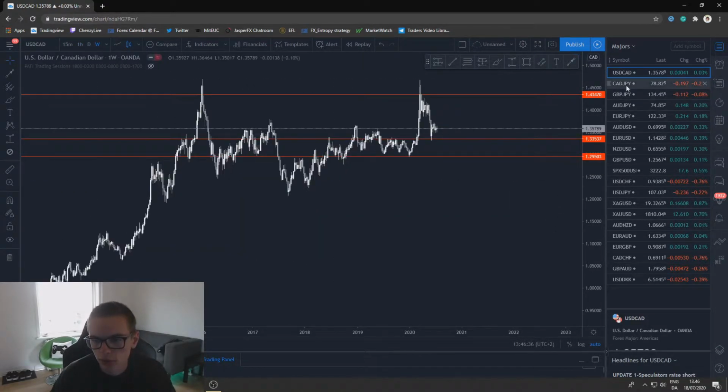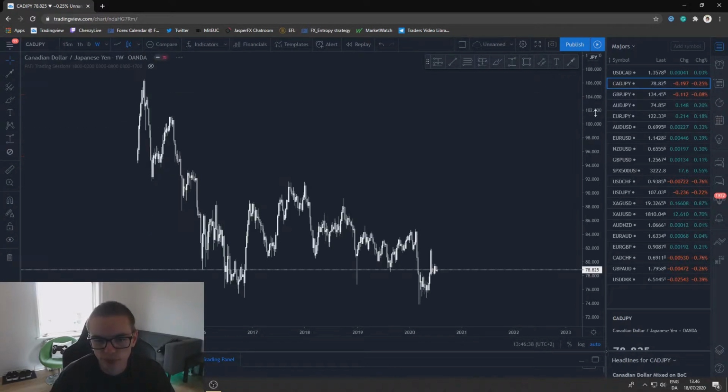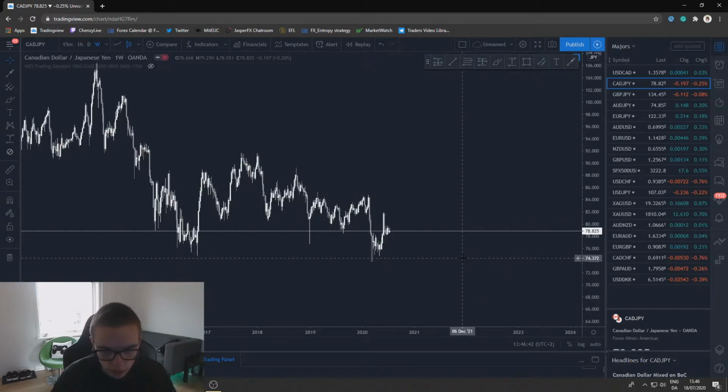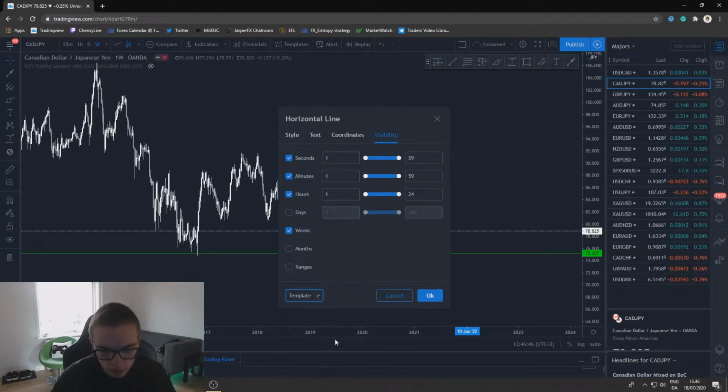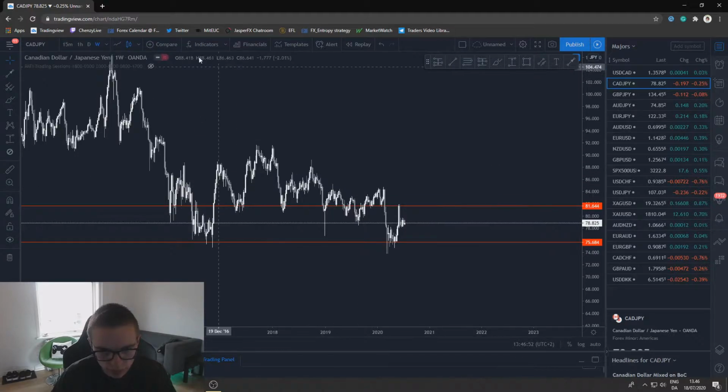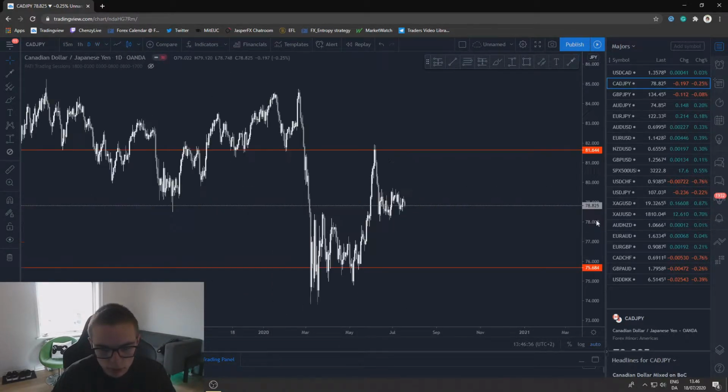So let's go on to the next pair. We start on the weekly chart. Find key levels of support and resistance. Move to the daily.